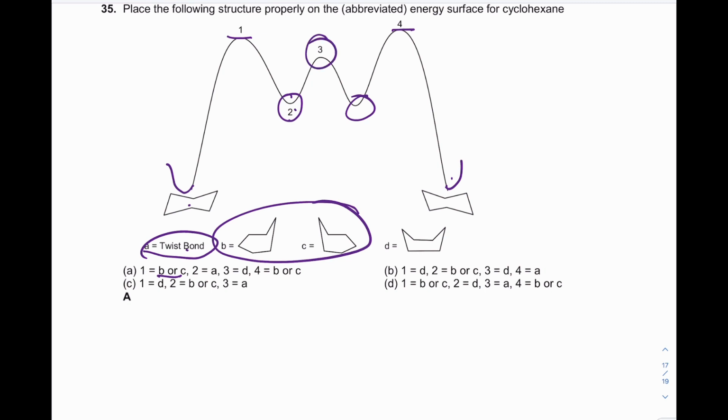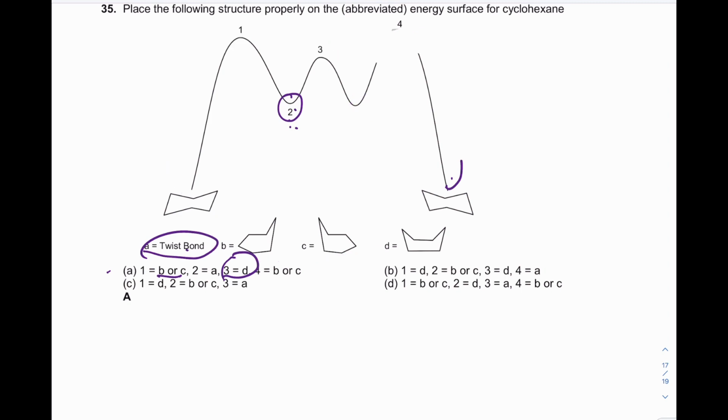And the third one is in between twist boat and half chair. It is boat. So these two will be boat. So it is D. Third one will be D. So the answer is A. This graph is according to increasing energy.